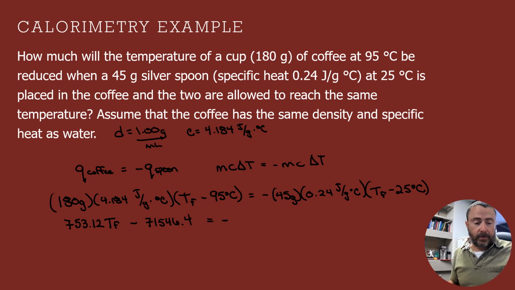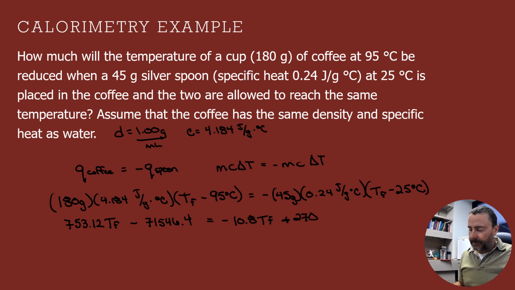That is equal to my other side. So I'm going to do negative, remember, 45 times 0.24, which is 10.8. Then I've got a negative 45 times 0.24, which is 10.8, times T final. And negative 45 times 0.24 times a negative 25 is positive 270.